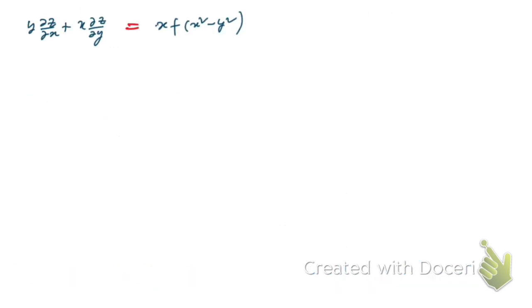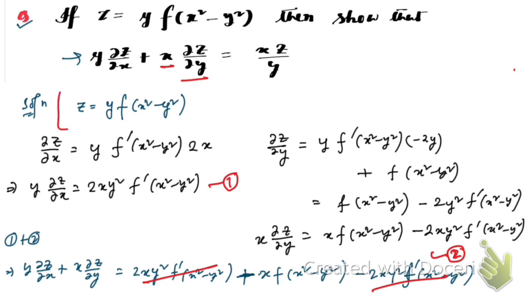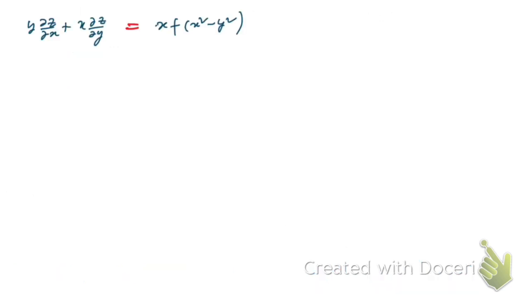Now from the given information, let me copy this. As it is given that z is equal to this one, from here we can write f of x square minus y square is equal to z by y, right?